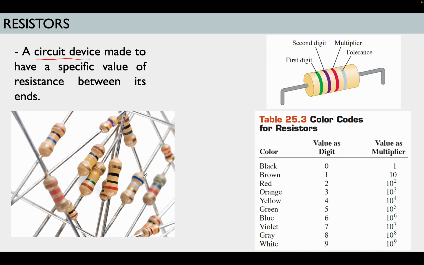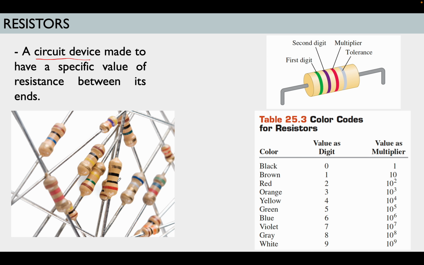Now, why are the colors of the bands different on these resistors? It's because, again, each of these resistors has a different value of resistance. Now, what is the purpose of these colors right here? The purpose of these colors is to determine the value of the resistance without measuring it using a device.